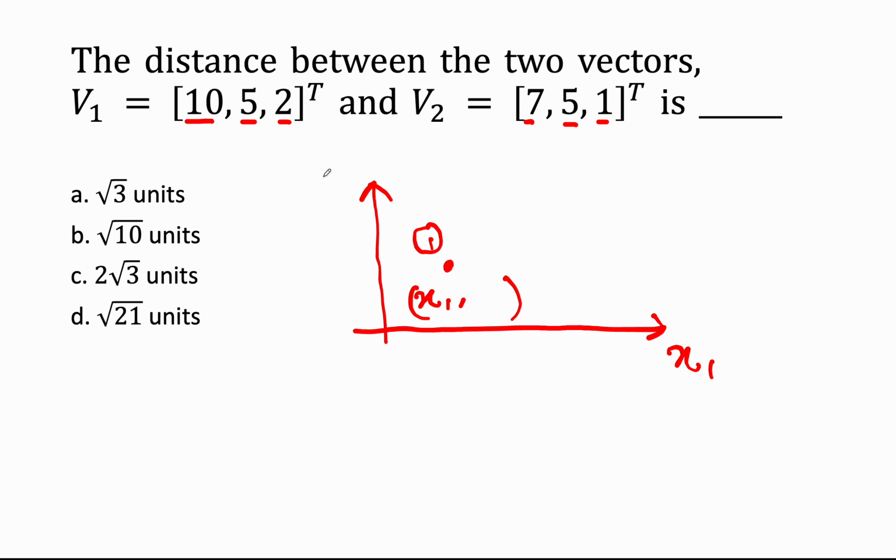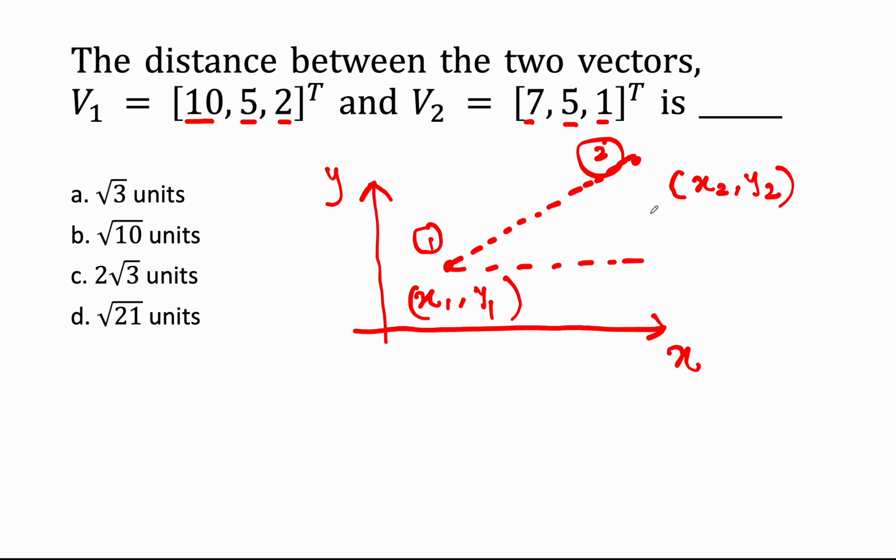I think x and y will be easier to use. And this is point 2 and the coordinates are x2 and y2, and let's say we want to find out the distance between these two points.